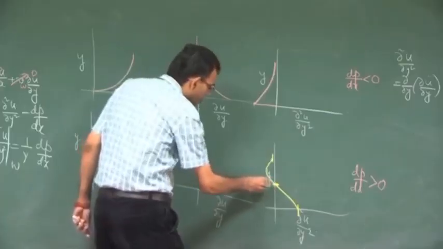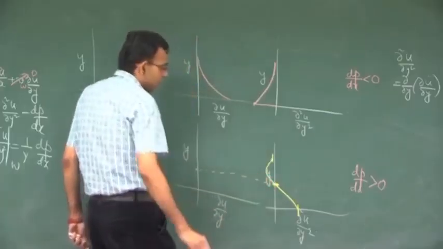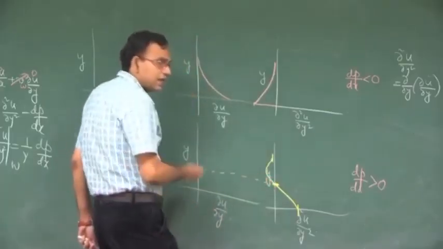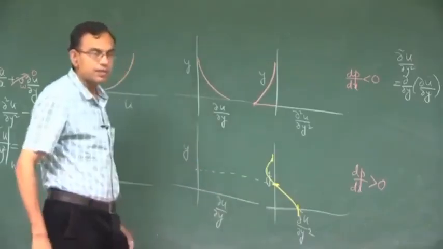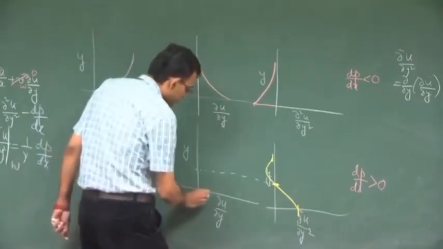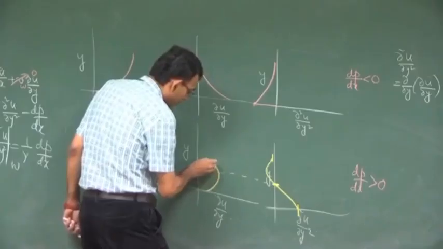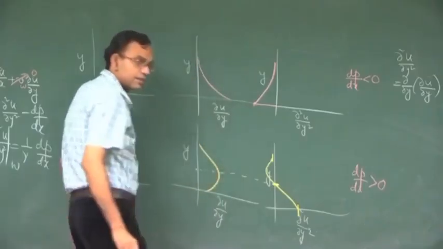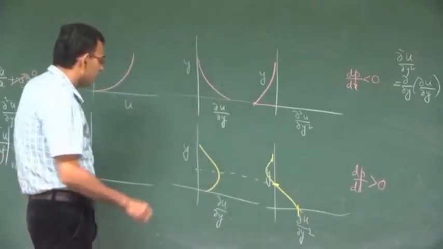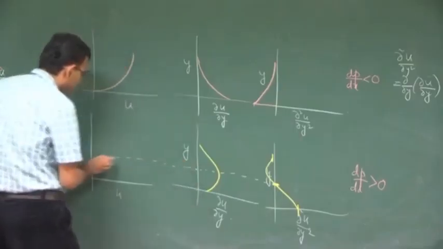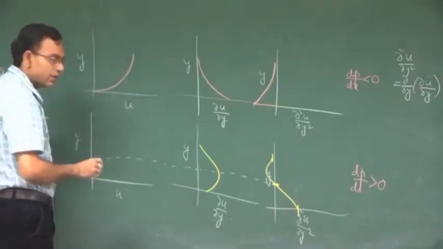Where d2u dy2 is 0, there du dy must be maximum. So, you can have a du dy plot like this, and where du dy is maximum, you will have a point of inflection in the velocity profile.